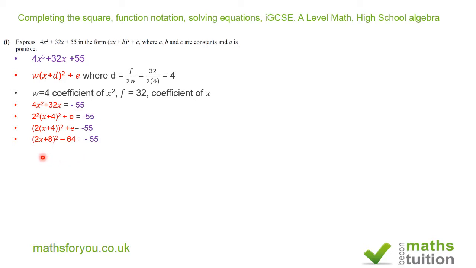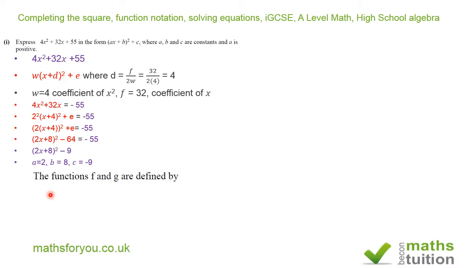Now I'm going to bring my 55 to the left hand side. I end up with 2x plus 8 all squared minus 9. So a is 2 and b is 8 and c is 9. Sorry, c is minus 9. That is our answer.